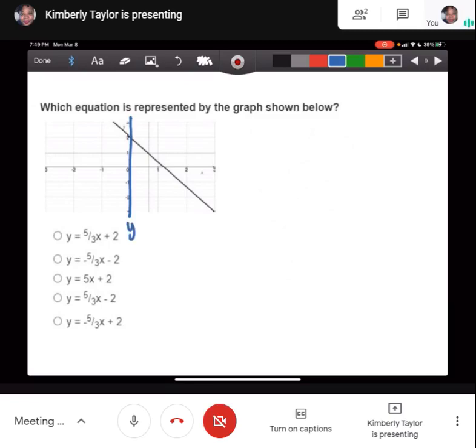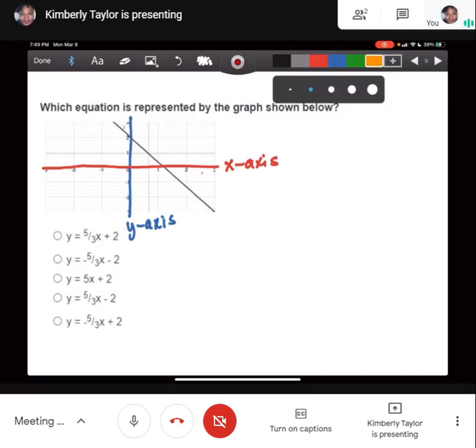This is the y-axis, and just as a reference, the red line is my x-axis. Where is the graph crossing the y-axis? It's crossing the y-axis at 2. So that's a positive 2.